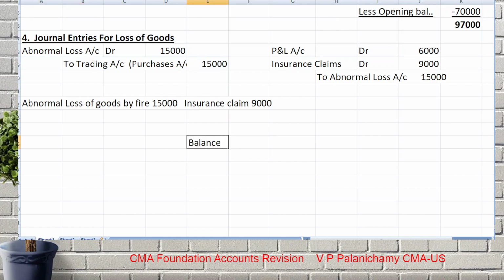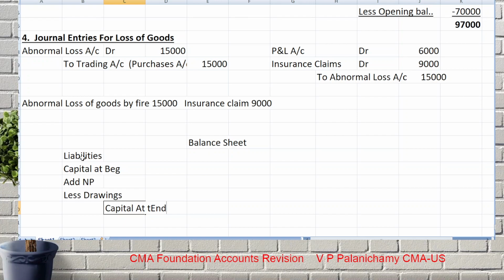Then preparation of balance sheet, liability side. Capital at the beginning of the year, we will add net profit less drawings, which will give us capital at the end of the year.